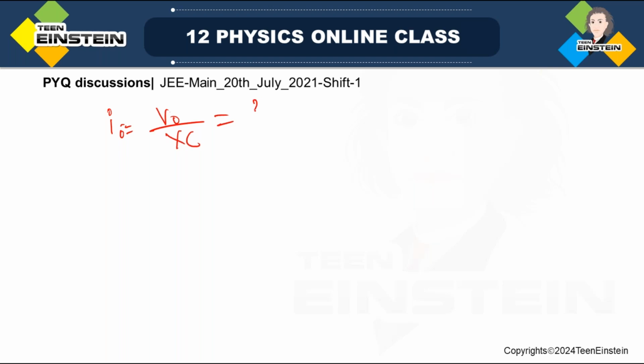So this is actually 20 into 5 divided by 18.